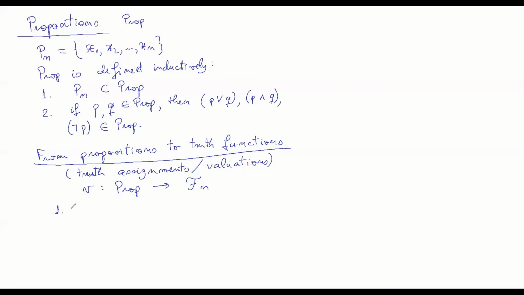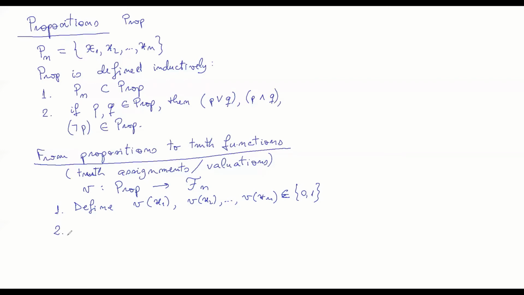So I'm going to just define whatever values you want to choose for your variables, V(x1), V(x2). All these are going to be elements of {0, 1}. And this is going to define the whole mapping of the full proposition. So you can choose these values however you like.